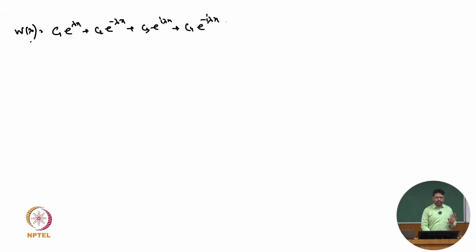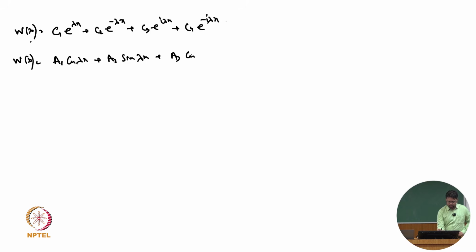This is one way we can write, or else we can write the same thing as a1 cos lambda x plus a2 sin lambda x plus a3 cos hyperbolic lambda x plus a4 sin hyperbolic lambda x. Either of the two cases we can do. Agreed? Agreed? Good. So whatever the case we do, we can write it in that form.